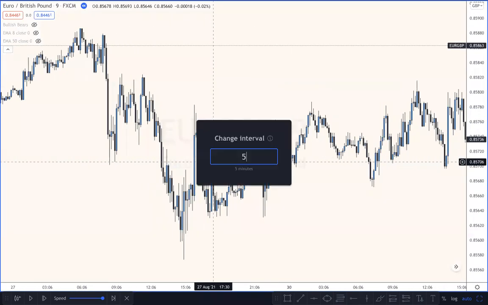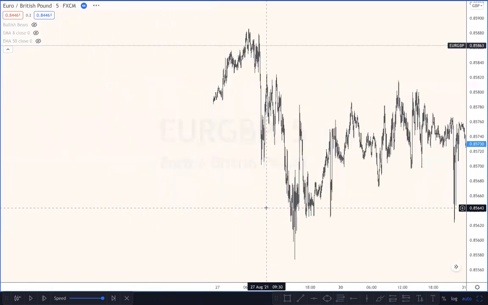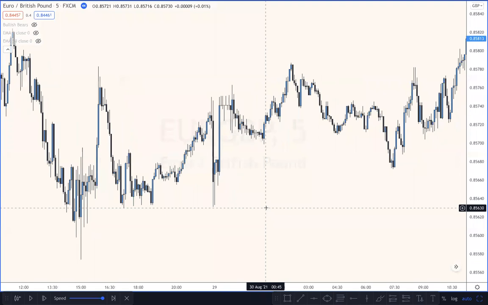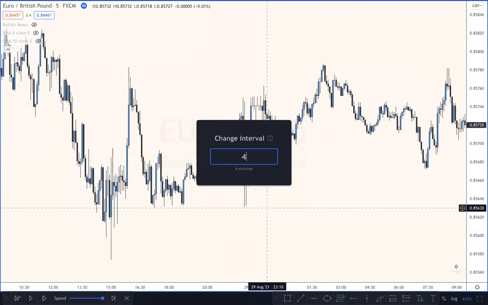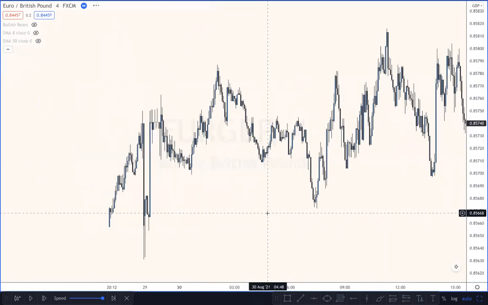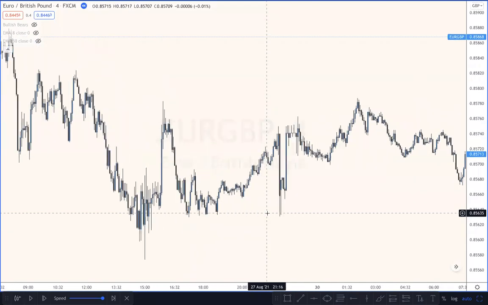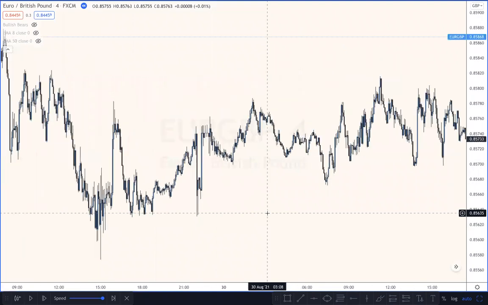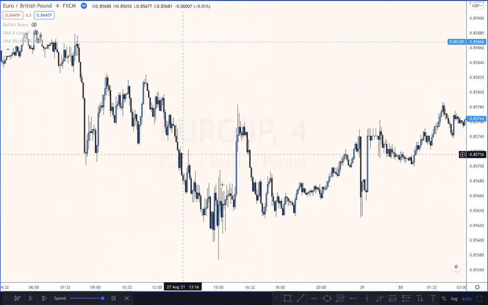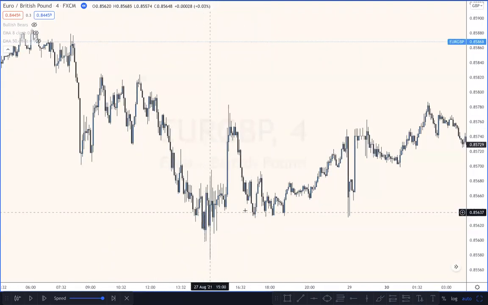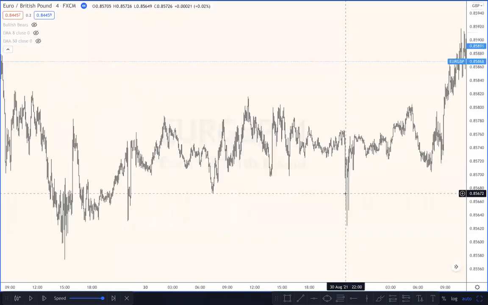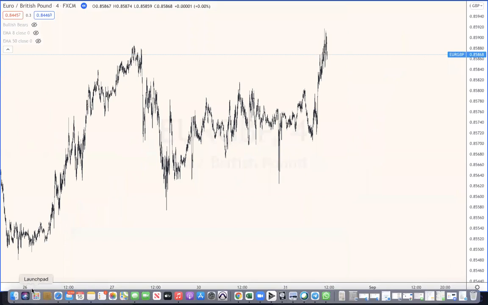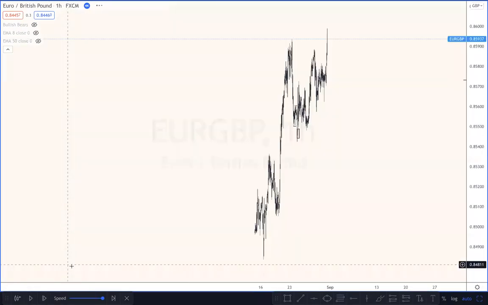Let's go 5. I don't like the structures. I probably wouldn't take and trade from this structure anyway, so I wouldn't discuss this. Let's go back to H1.